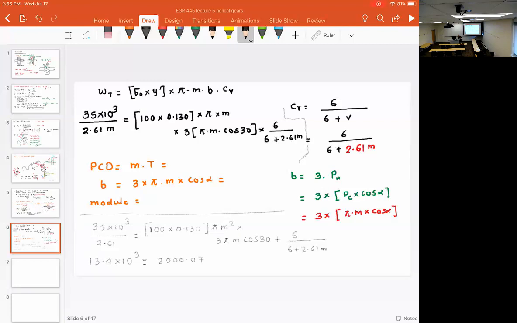2000.07 m cube plus 6 plus 2.6. Yes, times CV, right. You're right. I multiplied that all out already. So the 6 is gone, so it's just the 2000.07. Okay, very good.